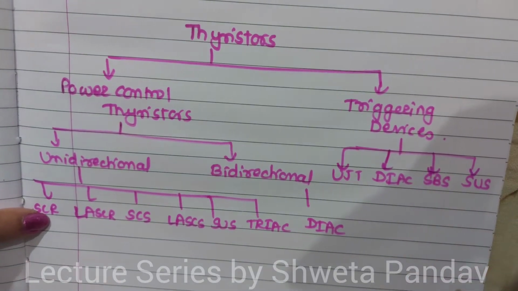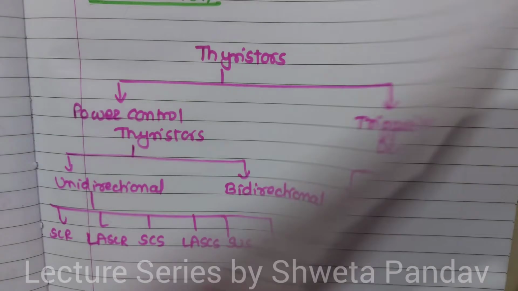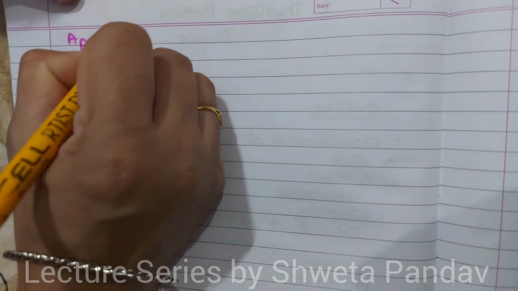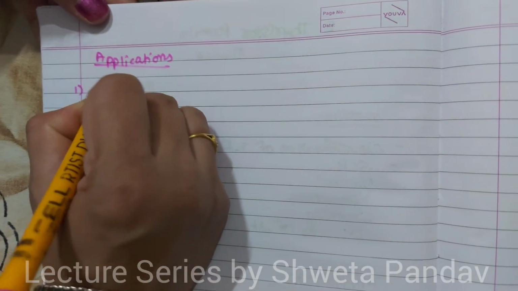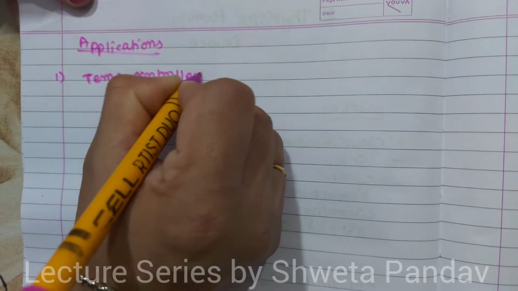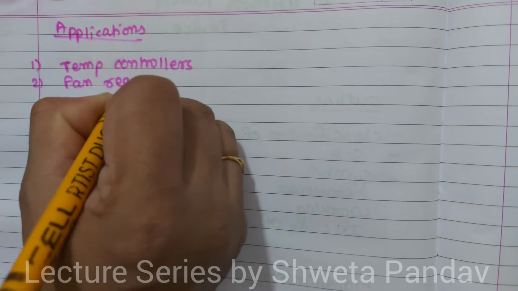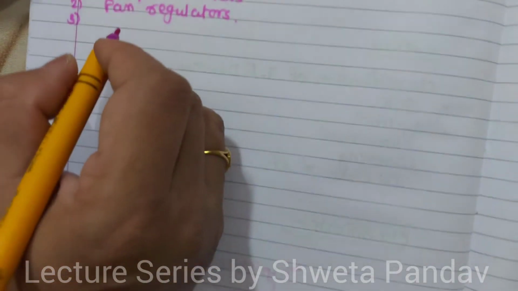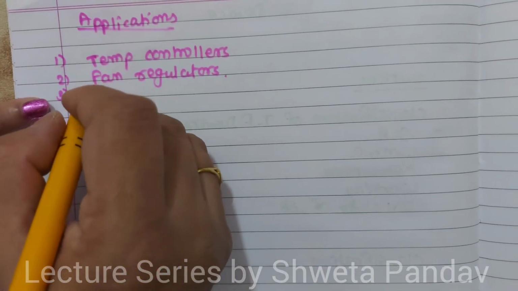Now, the applications of thyristor family devices. Thyristor family devices are used in various applications, such as temperature controllers or fan regulators. Wherever the power requirement is large, we use thyristor family devices.